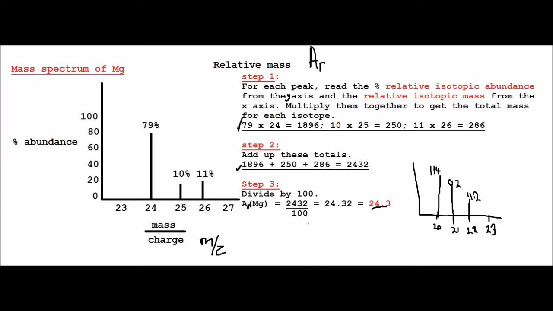So here we'll just do the equation for this. 114 times 20, put that in brackets there, plus 0.2 times 21, plus 11.2 times 22, and divide that by 114 plus 0.2 plus 11.2.